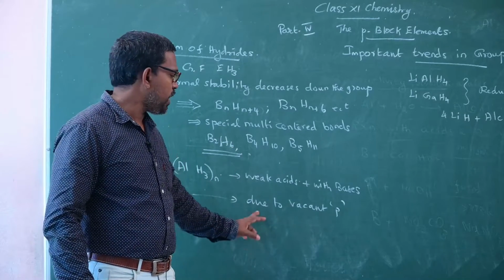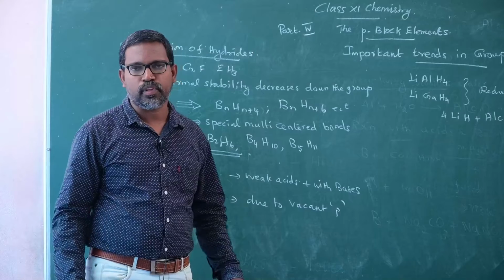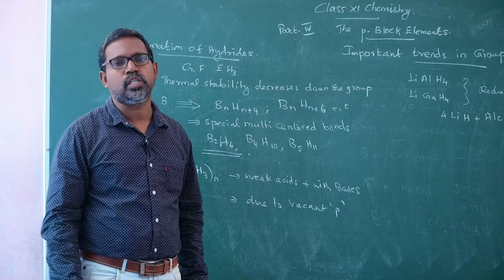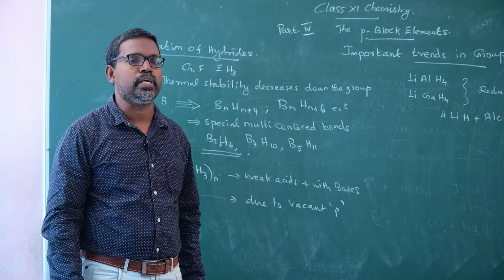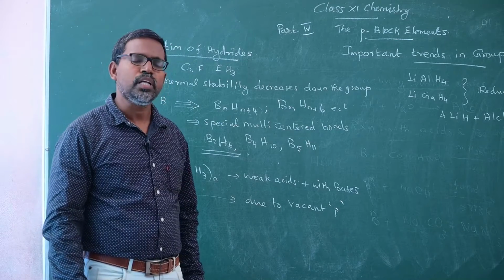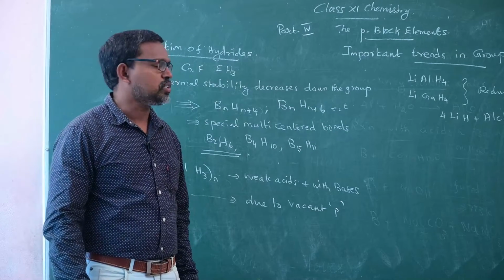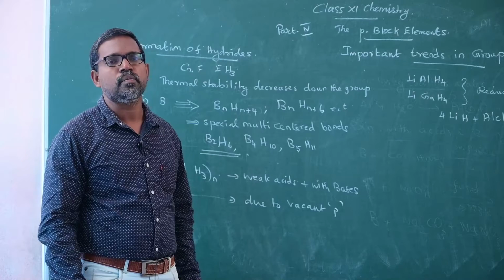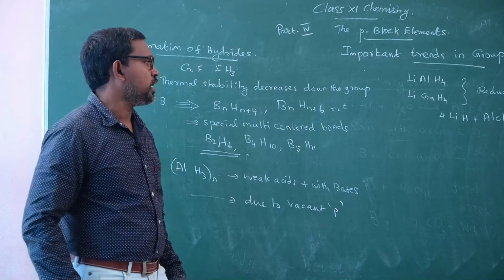Because of the vacant p orbitals. Due to the vacancy of p orbitals, aluminium hydride reacts with simple bases to form strong reducing agents.